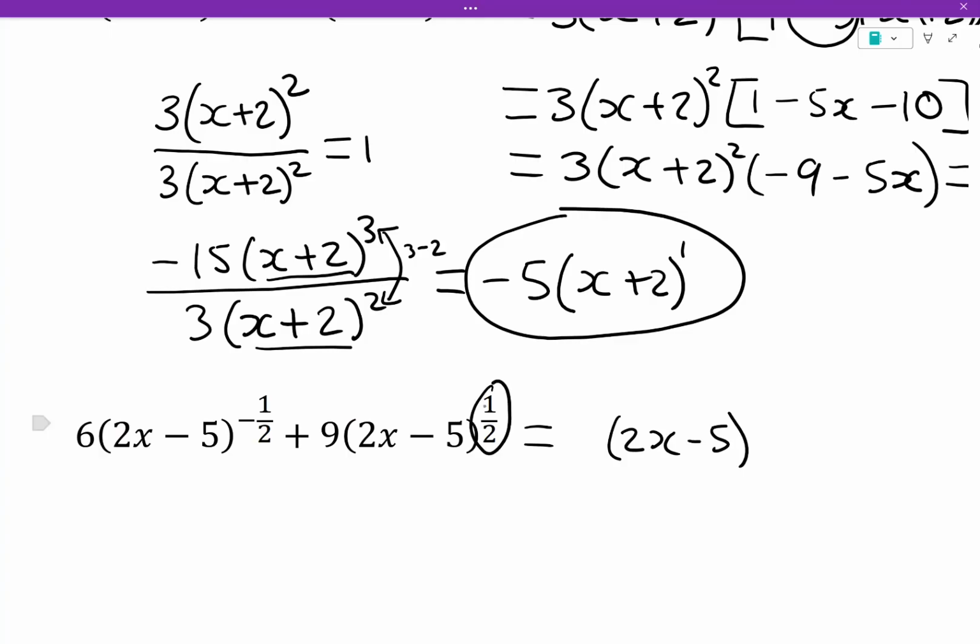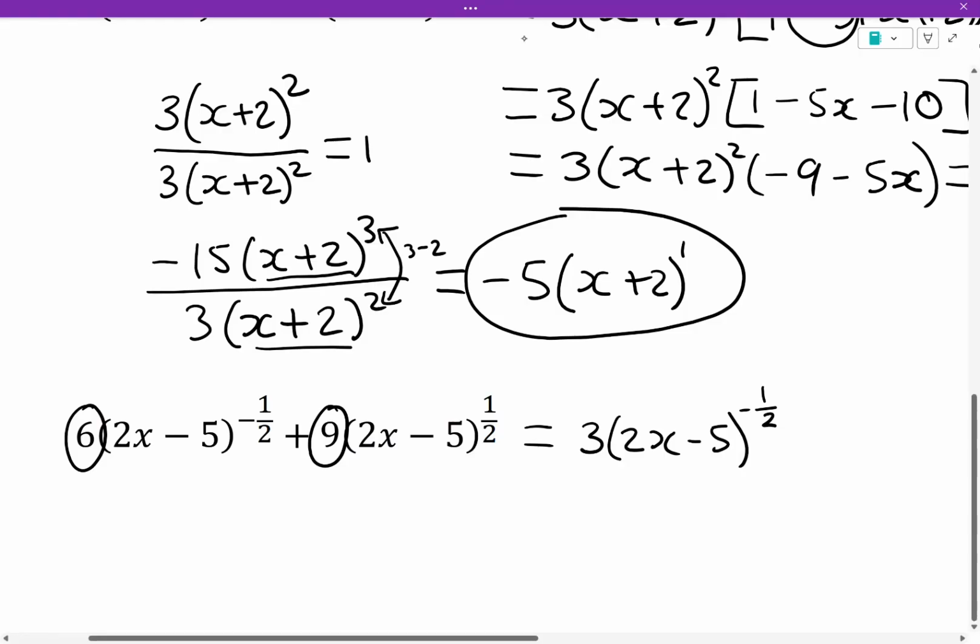Our powers are positive a half and negative a half, so we're going to pick negative a half. Now let's also look at the numbers multiplying the brackets. We've got the 6 and the 9. What's the highest common factor of 6 and 9? It's 3. And then that is our complete highest common factor. I'm just going to indicate here that this is the HCF.